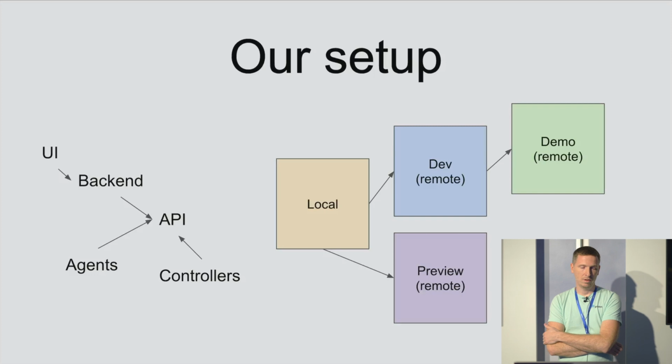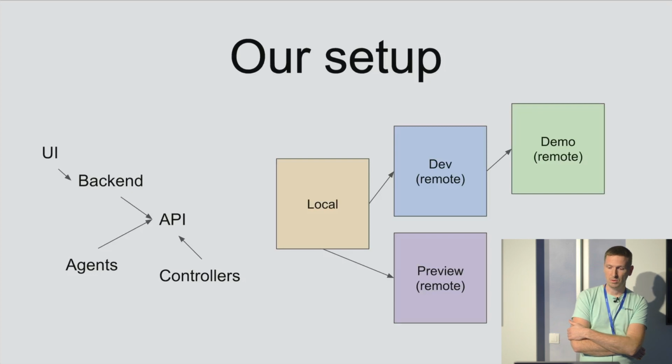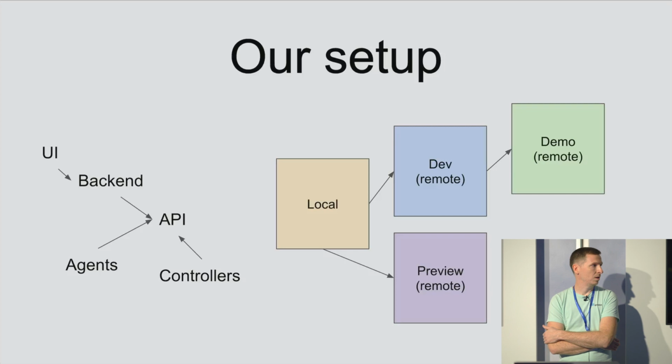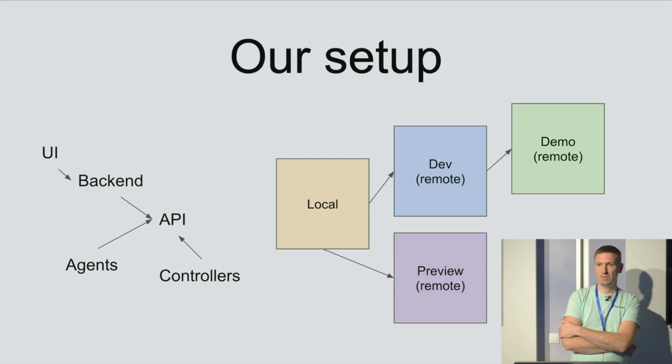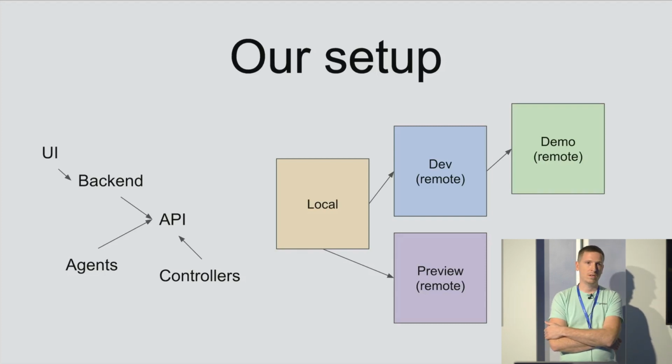We also have a bunch of controllers that work against this API, which is a declarative API, similar, or actually it's Kubernetes without the pods and services. But the point is more about how we wanted to start in the beginning. We started not a year ago, half a year ago, and the goal was to be able to iterate as quickly as possible.